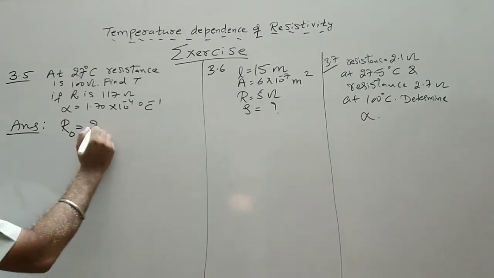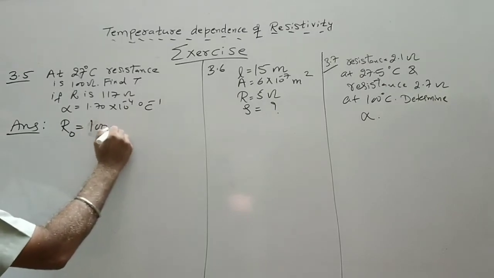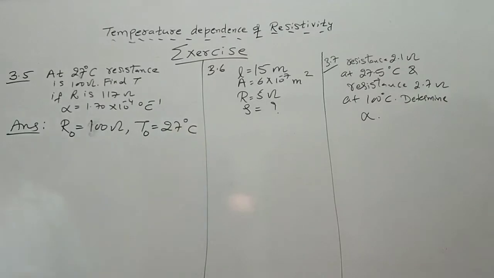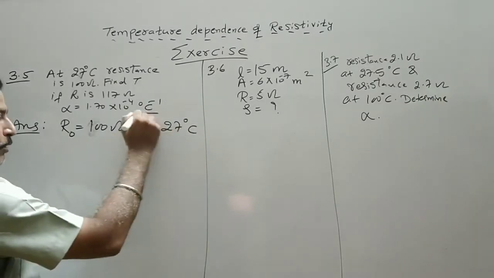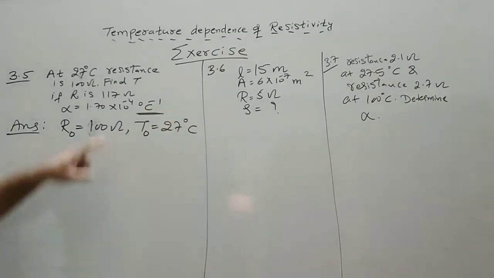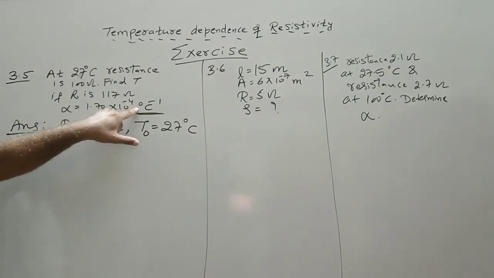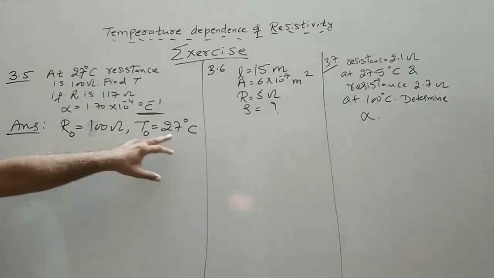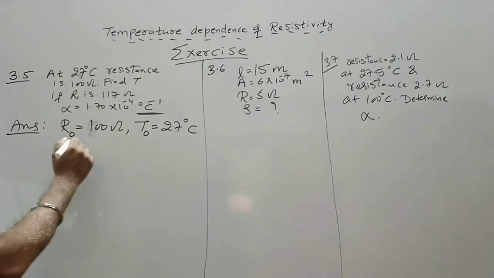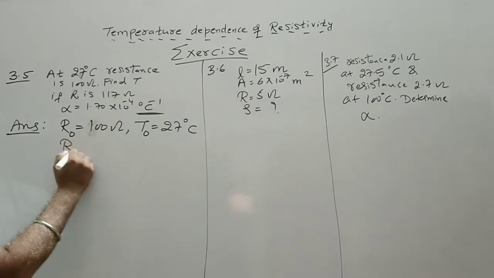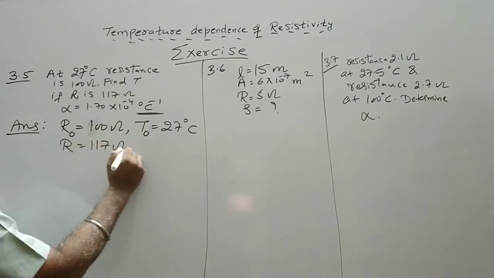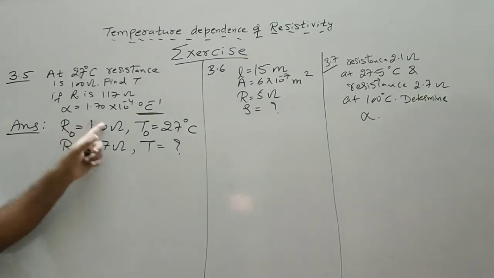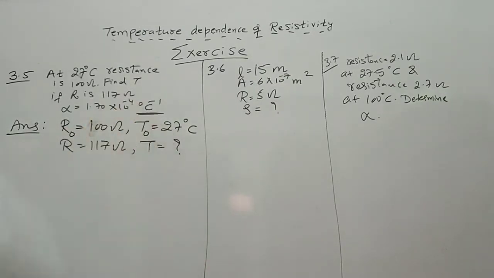R0 is equal to 100 ohms, and we take the reference temperature to be 27 degrees centigrade. Now you have to always check the units of the temperature coefficient. If it is in degree centigrade inverse, there is no need to convert the temperature. Otherwise, we have to convert it into Kelvin. You have to find the temperature if R is equal to 170 ohms, that is T is a question mark. Clearly the resistance has increased, so your temperature should be greater than this.